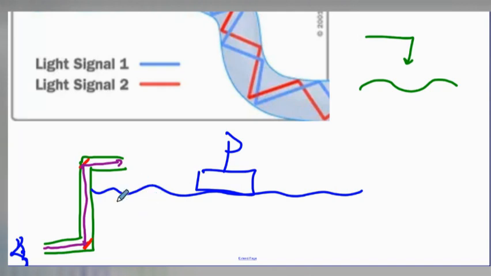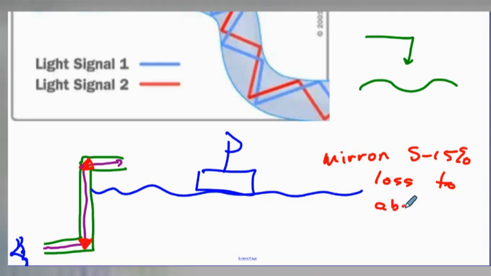But what they're doing now is replacing the mirrors with prisms, because these don't have that 5 to 15% loss due to absorption.